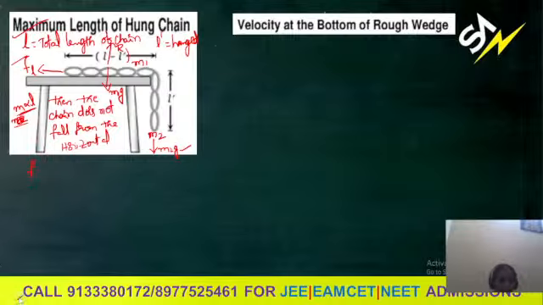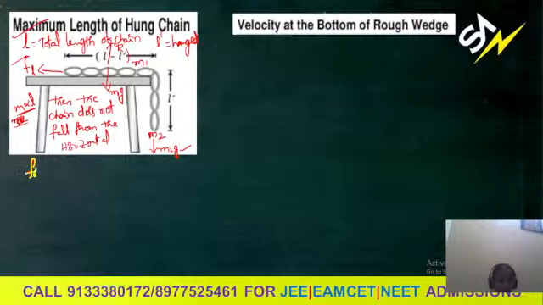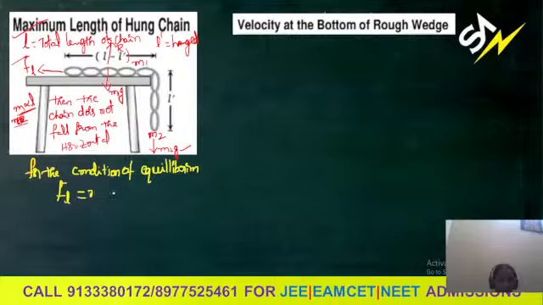So you can write for the condition of equilibrium, equilibrium means to be at rest, not to fall from the horizontal, limiting friction should balance the hung weight. Hung mass is M2, its weight is M2G.